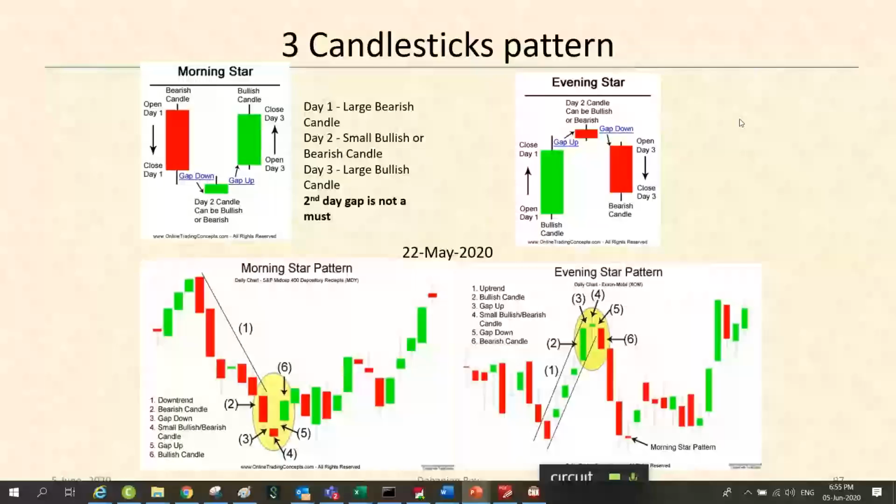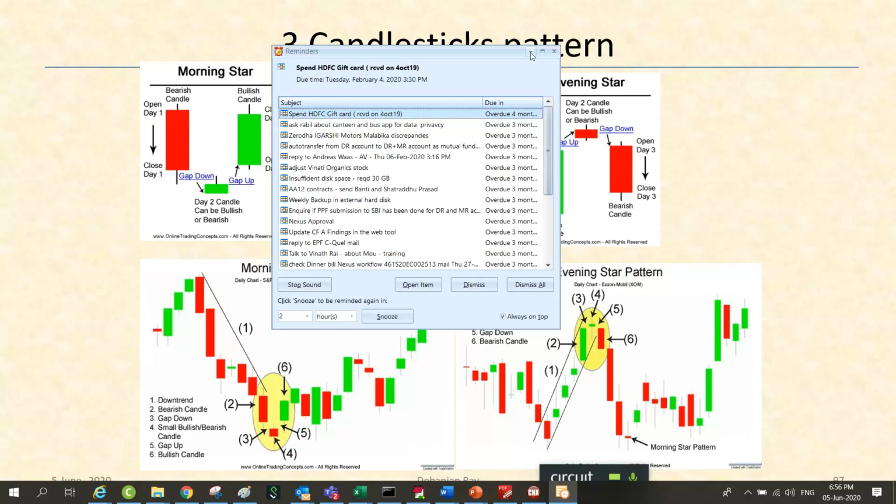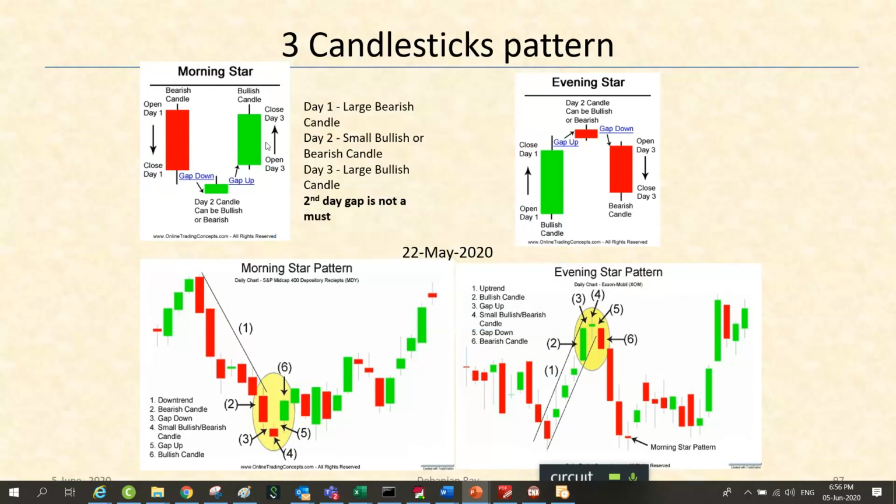Then the three candlestick patterns. Till now we have known the previous ones are two candlesticks. This is the three candlesticks, which means there are three candlesticks in a row that you have to analyze. If there is a gap between the first and the second one, and then between the second and the third one it has gone up, then definitely there is going to be a change in the pattern which has happened below.